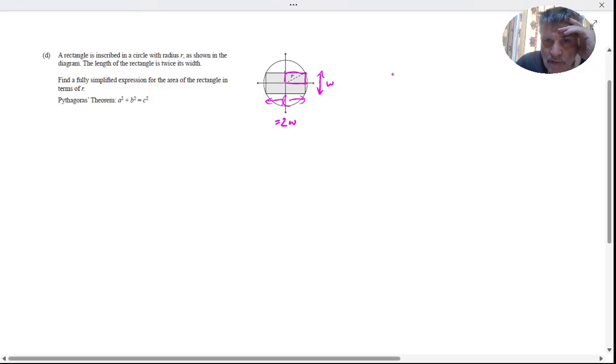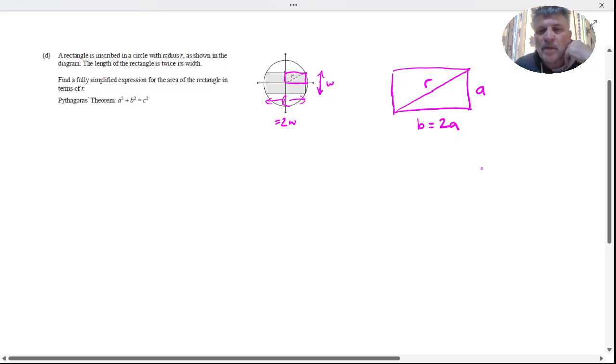So I'm going to draw a bigger version of the little rectangle with the diagonal r, and I'm just going to call the sides a and b, and we know that b is twice a. Now we can use Pythagoras.